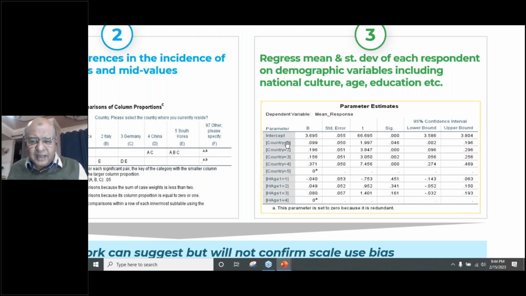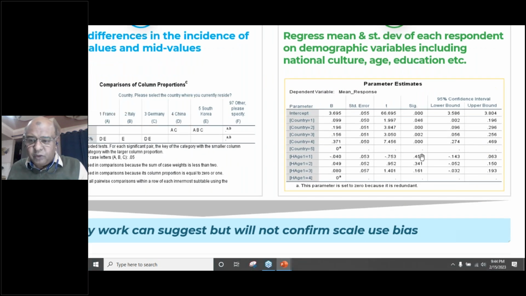We found that if we look at country, for all of these first 4 countries, which are the first 4 from the previous example as well, the 5th country serves as a reference point, because this is a categorical independent variable. We find that all of them have higher means across all the items as compared to South Korea, the 5th country, whereas we did not find any significant differences in age, as we see from the p-values here.